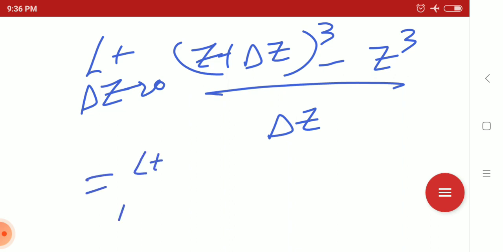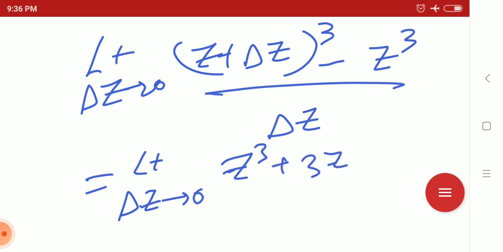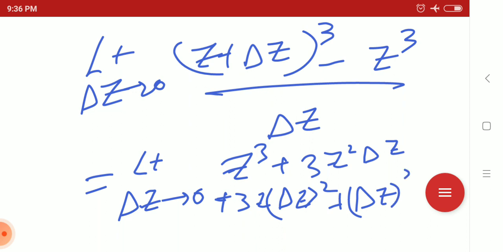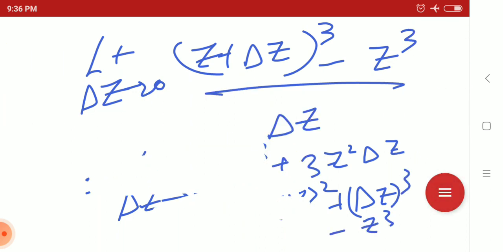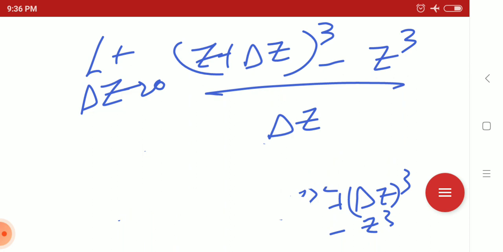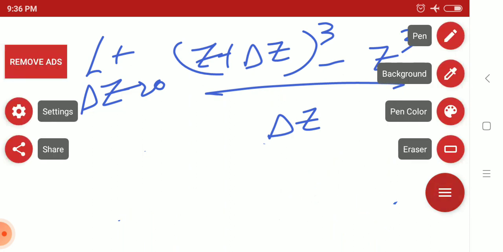Equals limit delta z tends to 0, z plus delta z whole cube minus z cube, divided by delta z.